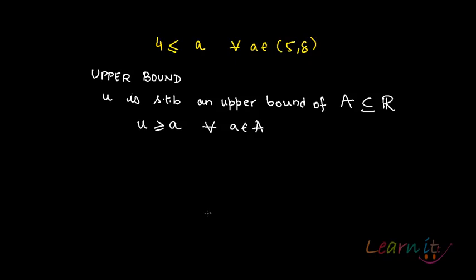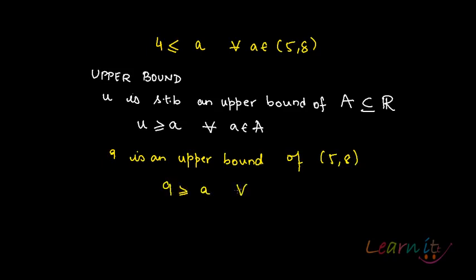So if we take the same set, I assert that 9 is an upper bound of the open set (5, 8). Why? Because 9 is greater than or equal to a for all a belonging to this set (5, 8).